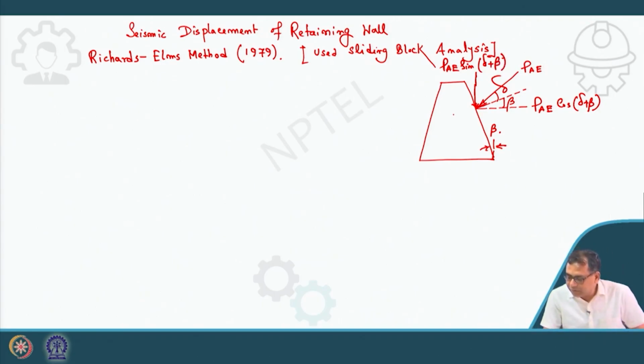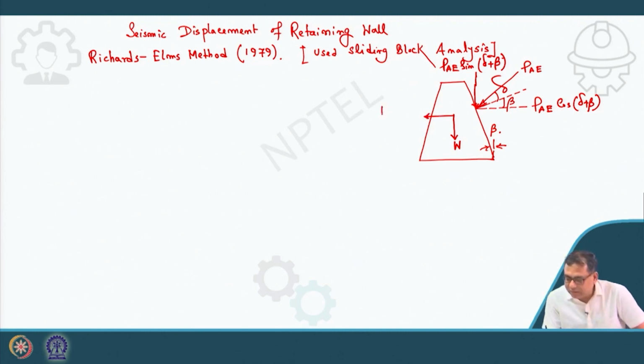And here, as the weight is a significant amount, we cannot neglect the inertial force. If the weight is not that much, then you can neglect the inertial force, because that effect will not be significant. But here this inertial force effect is being considered.